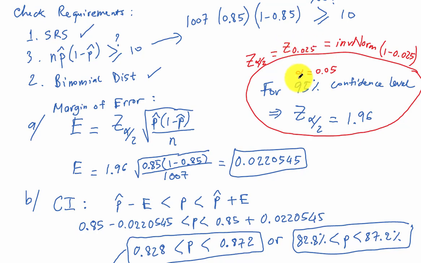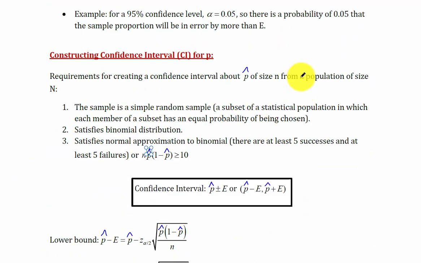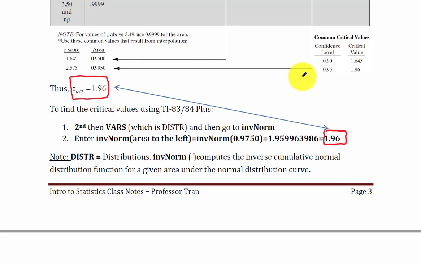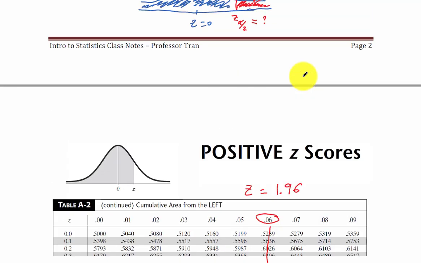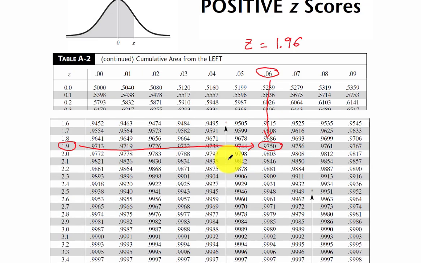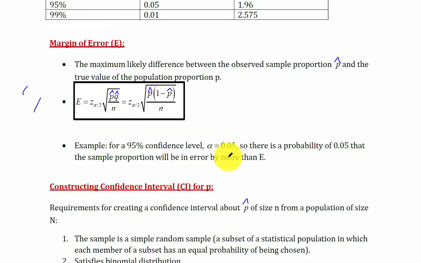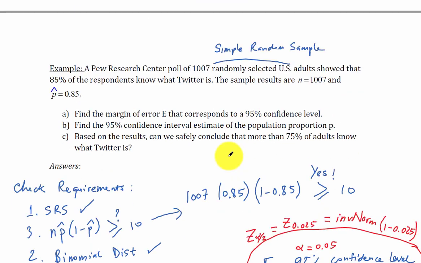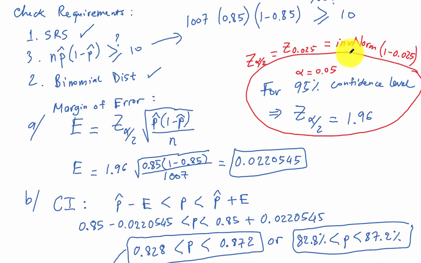Go back to the last example. That was the area to the right. So all you do is take 1 minus that to get the area to the left, and we input that 0.975 as the area into the inverse norm on the TI-83 or 84, and get z alpha over 2 to be 1.96 from the last example.